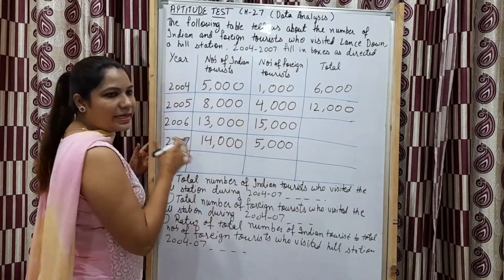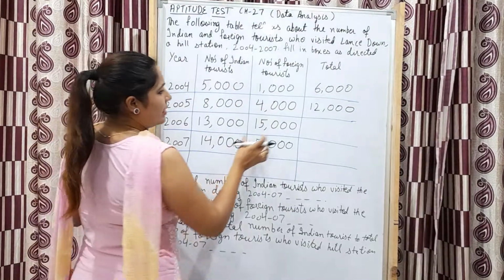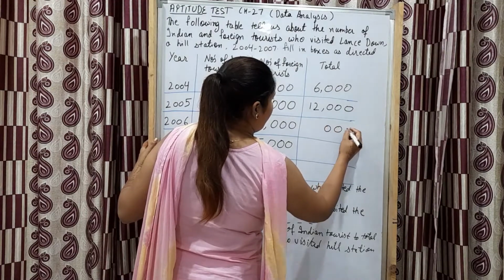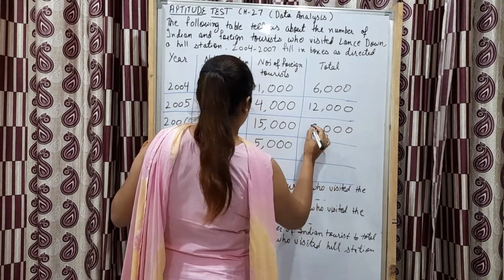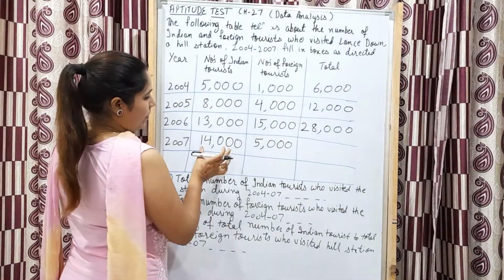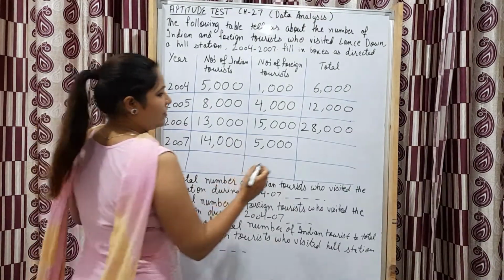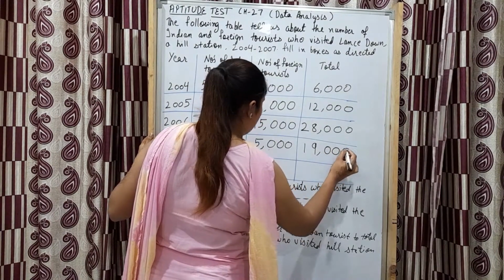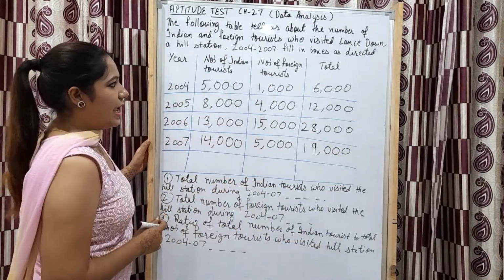Simply we will add them horizontally. Then again 15,000 and 13,000, we will add them, 28,000. Then 14,000 plus 5,000, 19,000. Simply we will add them.